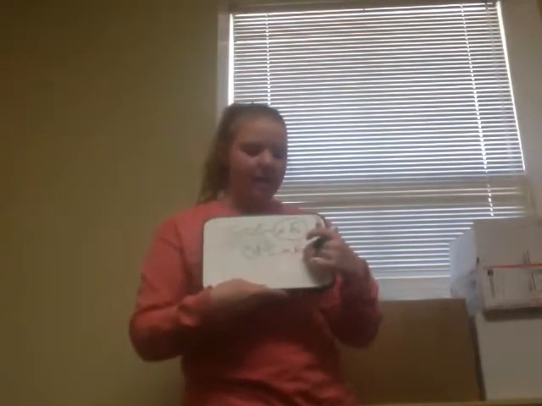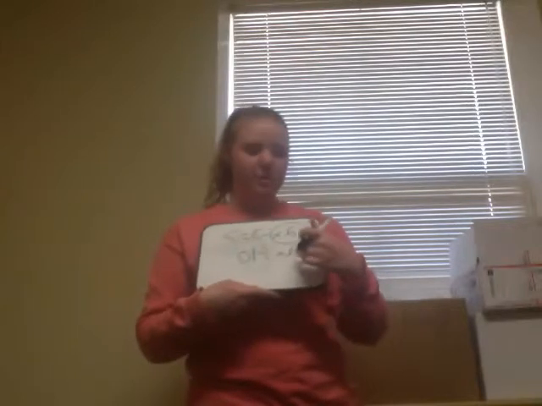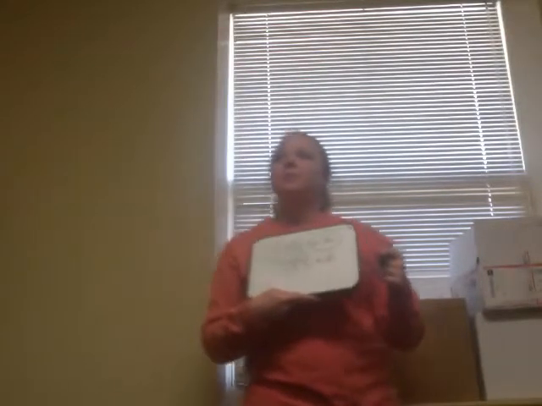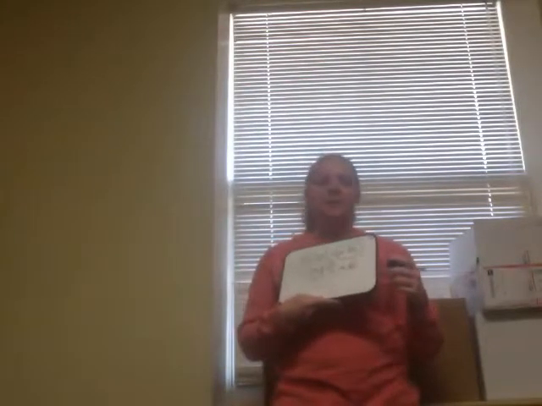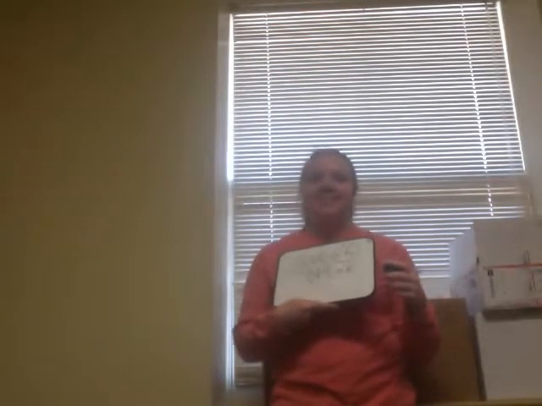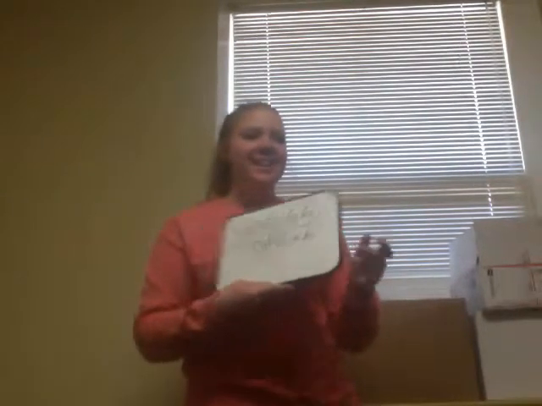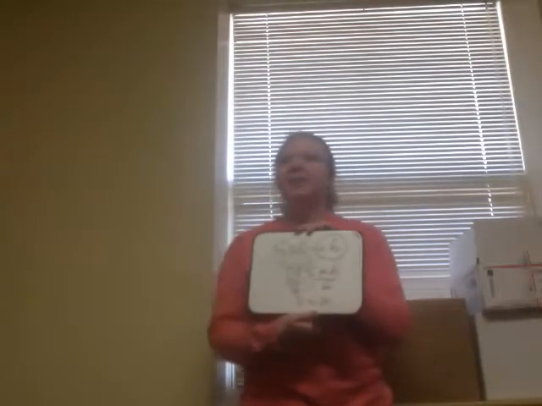So if I have multiplication right here, 2 times x, show me with your hands what the opposite operation is. Division, yeah. All right, so what I'm going to do is divide by 2, and I'm going to get 5. All right, so go ahead and do that for yours.